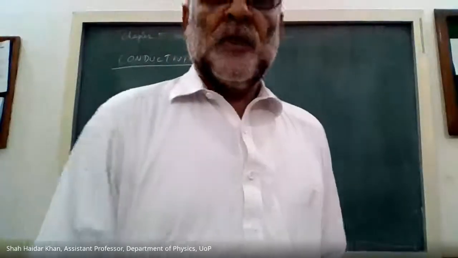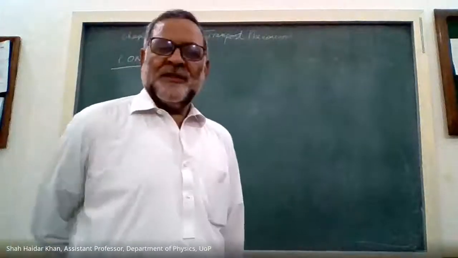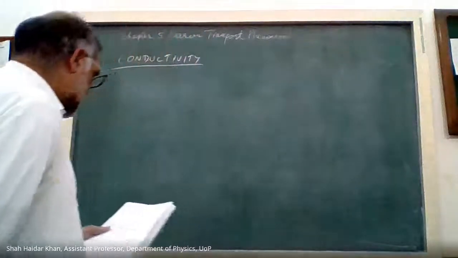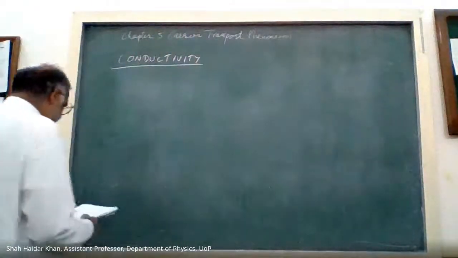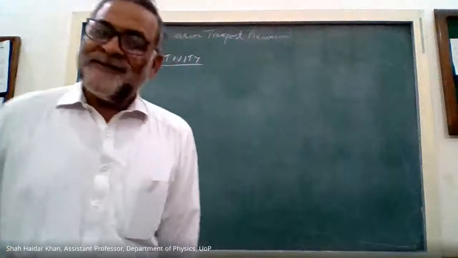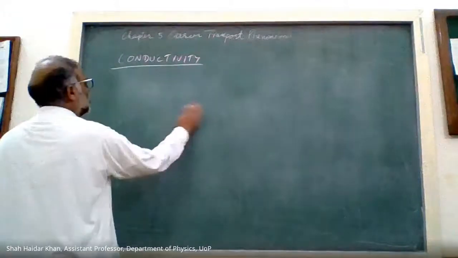Okay, there was some problem. So, what is conductivity? We want to know what conductivity is. We know that the current density is proportional to the electric field. What is the definition of conductivity? That is like Ohm's law.